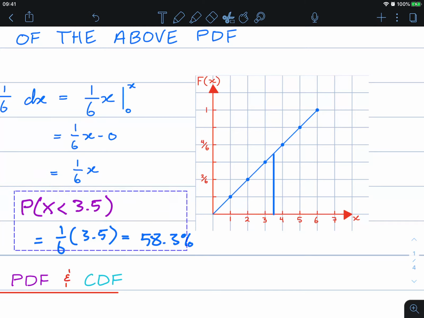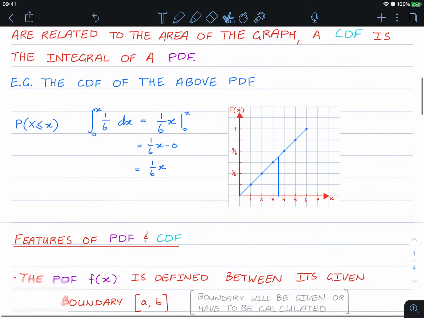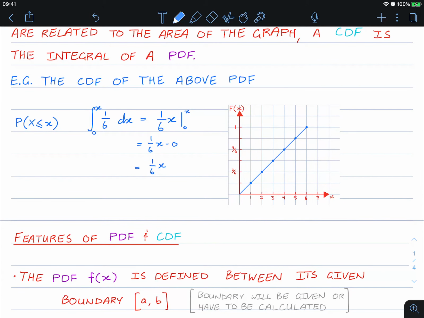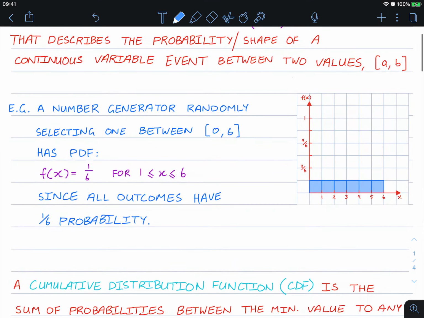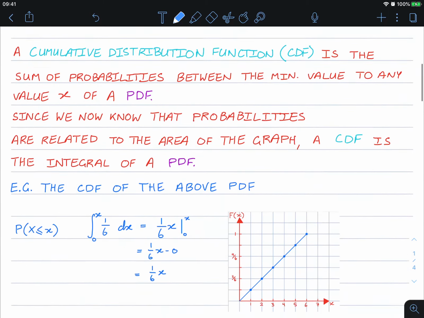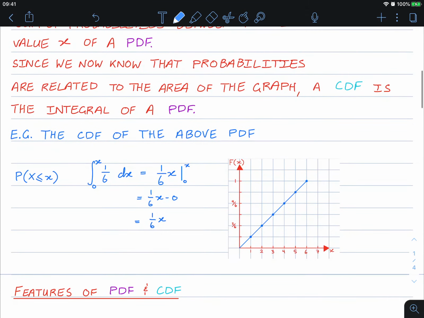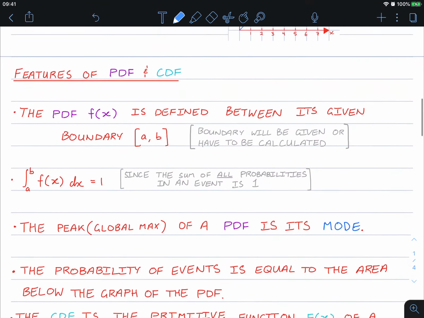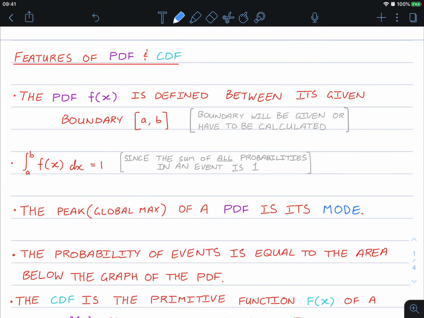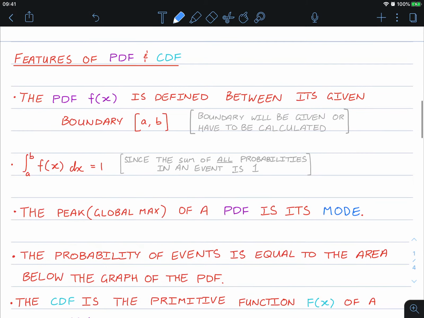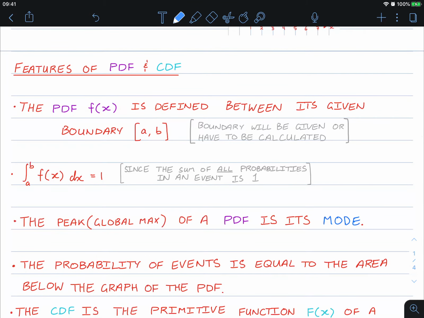So I know this is rather confusing to begin with, but I hope you understand that a PDF is merely a function representing a probability event, and its CDF is the integral of that function. So here are the features of PDF and CDF. The PDF f of x is defined between its given boundary a to b.